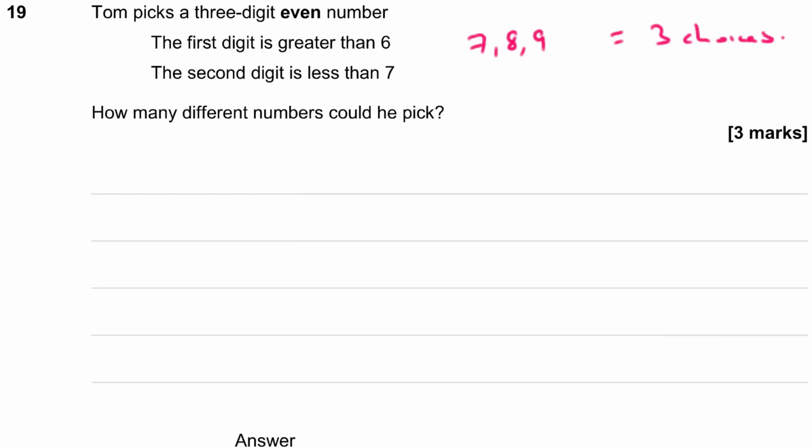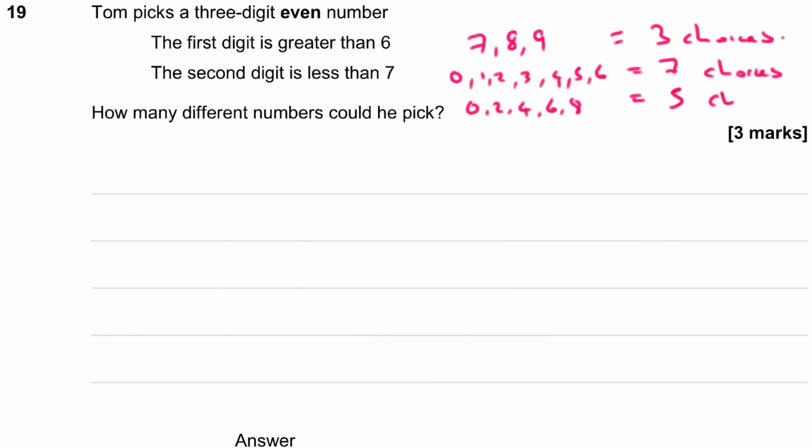If the second digit is less than 7, then it could be a 0, a 1, a 2, a 3, a 4, a 5, or a 6, which is 7 choices. And finally, the last digit has got to be an even number, so it can be a 0, a 2, a 4, a 6, or an 8.